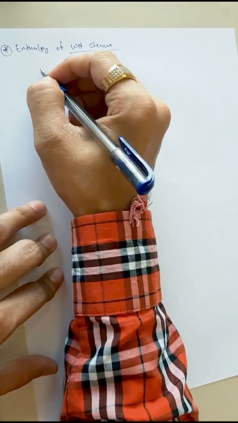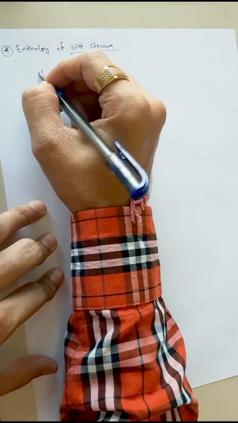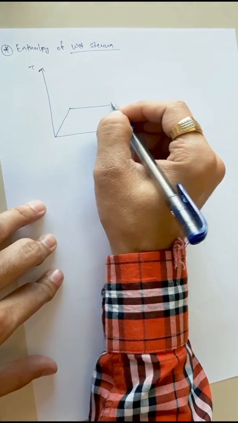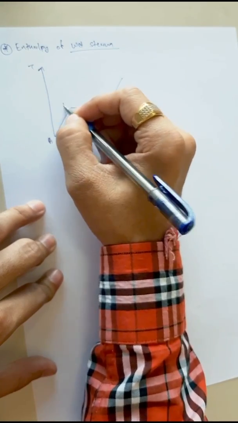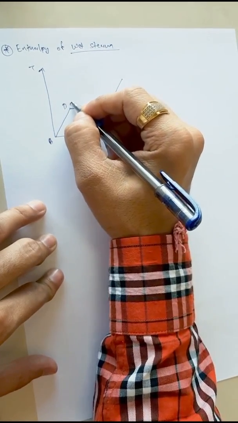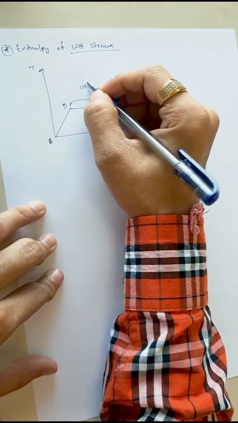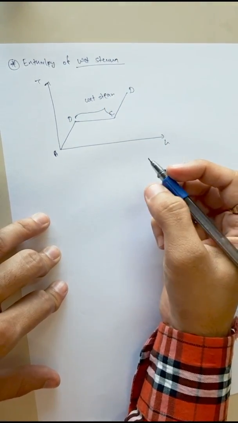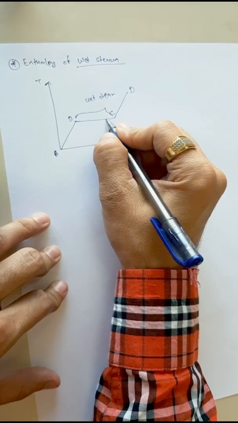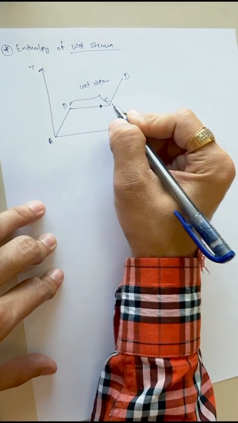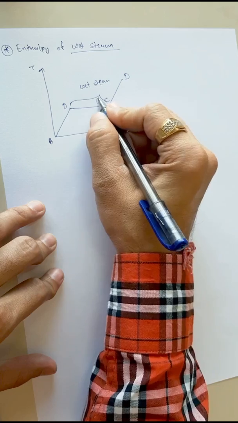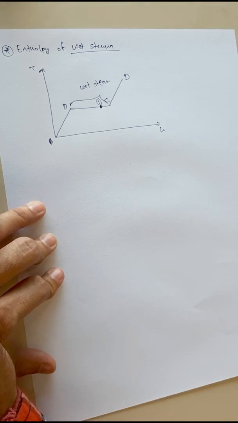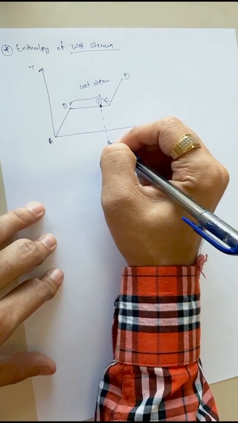In the TH plot, wet steam is present between point B and point C. Within this region we have wet steam. Suppose I want to find the enthalpy of wet steam at point 1, this much amount.